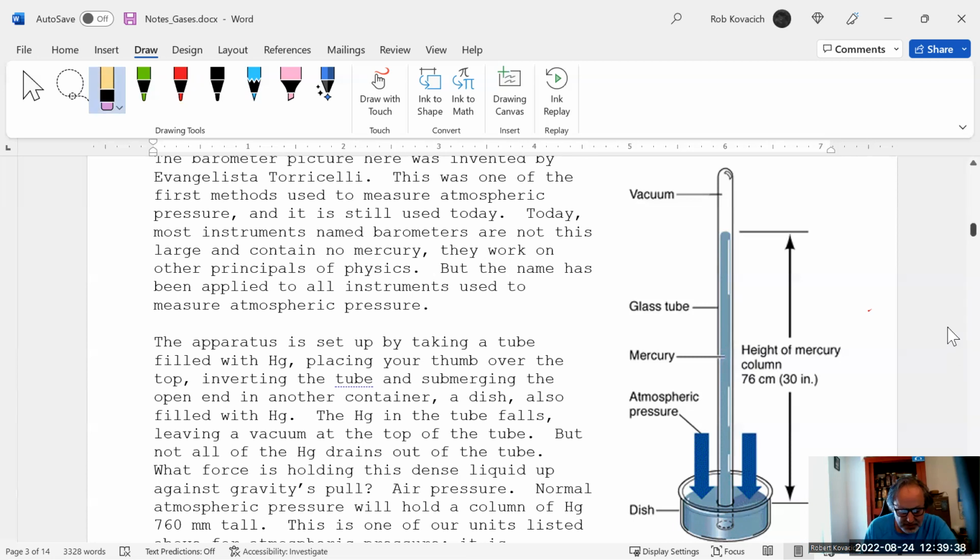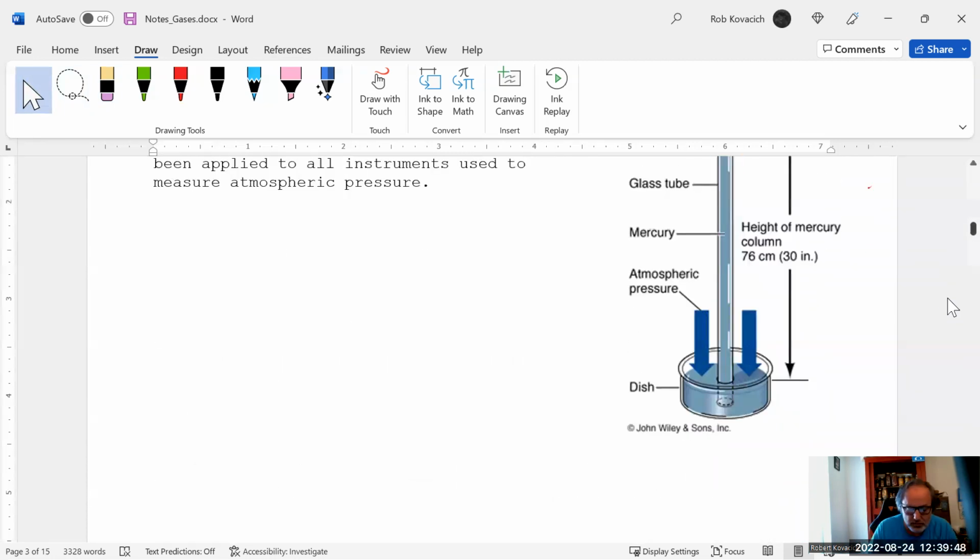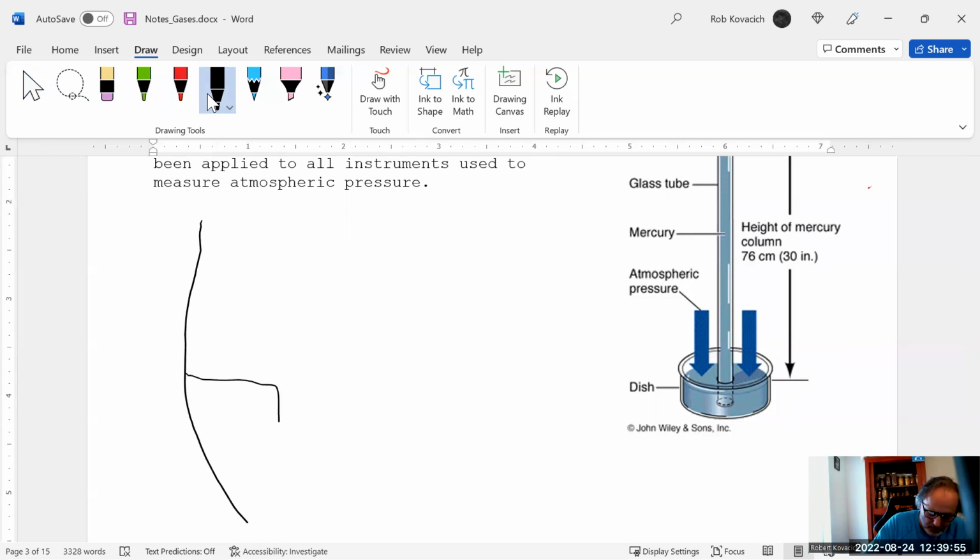So let me get some space here. Bad drawing. Washington, Oregon, California.